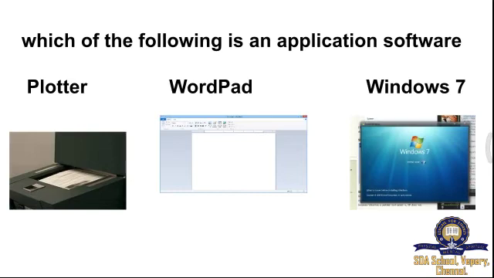Then the Windows 7 picture, that is an operating system. That is a kind of software, but actually it is an operating system. In these three, which is the right answer? The second one, Wordpad, is the right answer. It is an application software. Microsoft Wordpad, it is known as MS Office Wordpad.